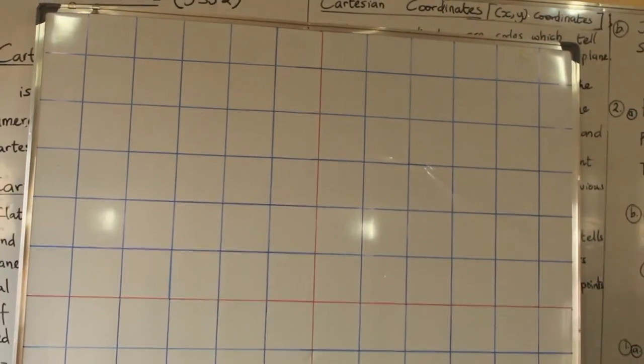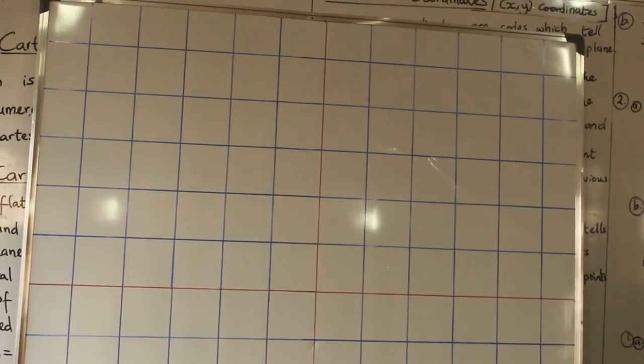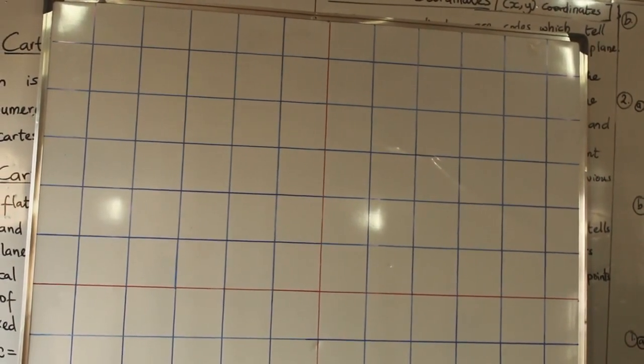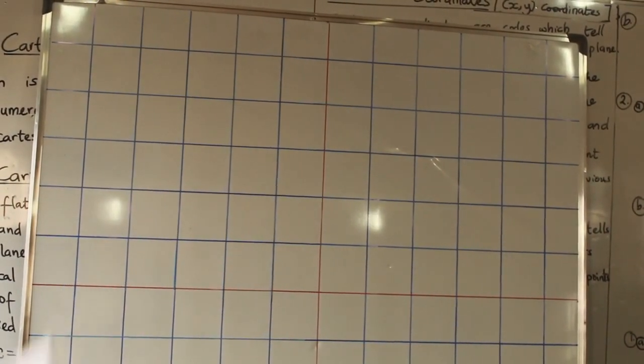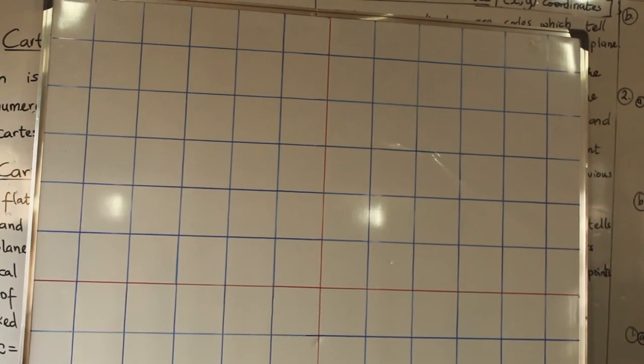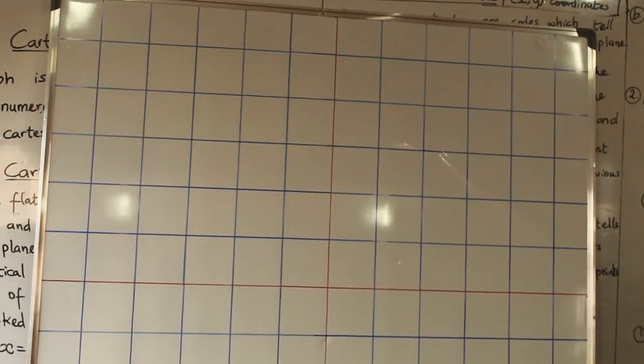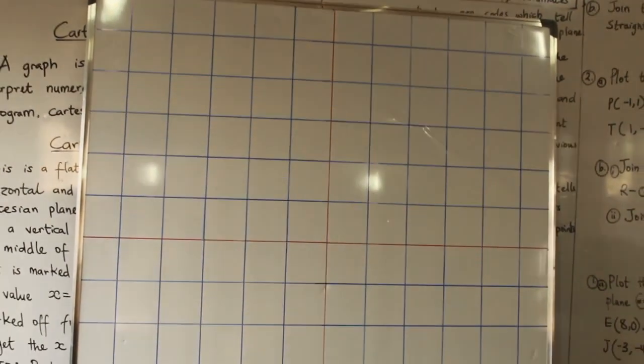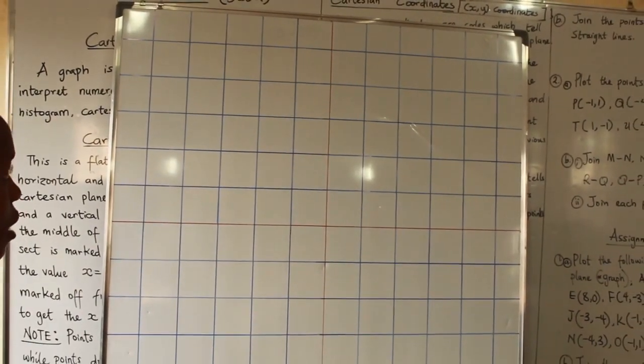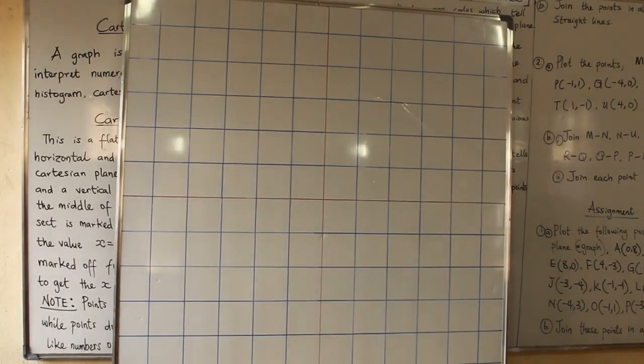Now, we are trying to locate some points A to E, and this is a Cartesian plane. The first thing I want to bring to your notice on my Cartesian plane is the X and Y axis.